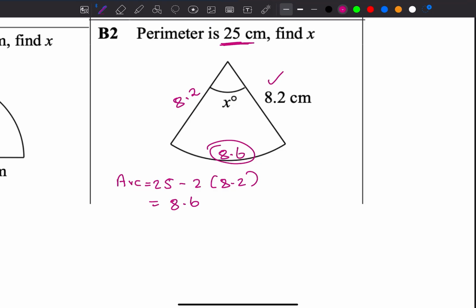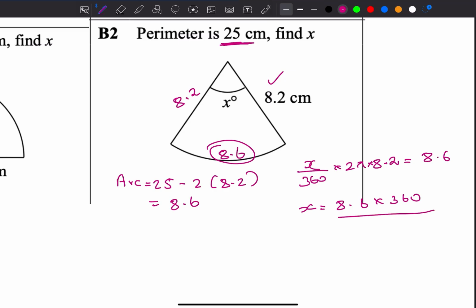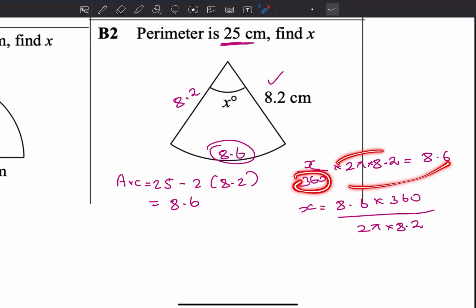What's the formula? x is angle over 360 times 2 pi r, where radius is 8.2 and the arc length is 8.6. So x is equal to 8.6 times 360, the whole thing divided by 2 pi times 8.2. Remember, you're dividing by this, so multiply, and you're multiplying these, so you divide.